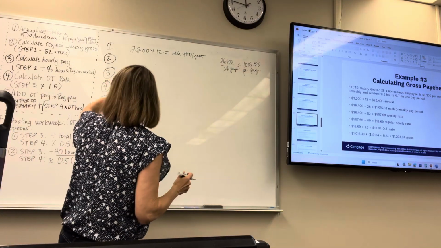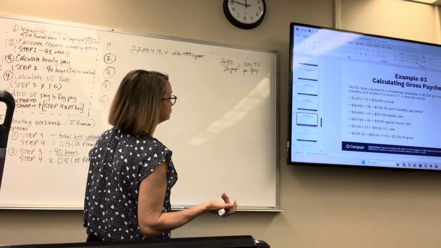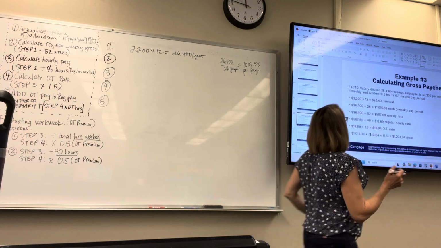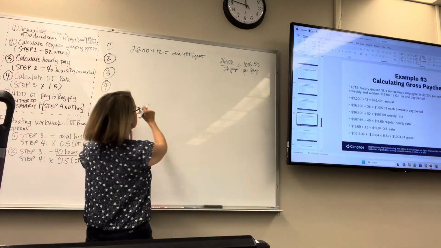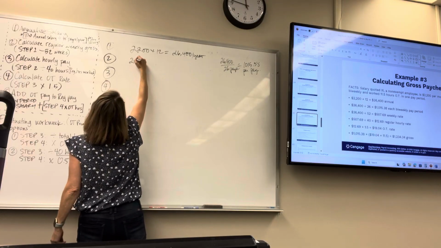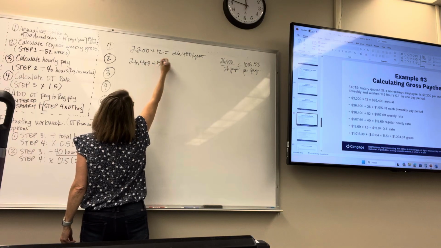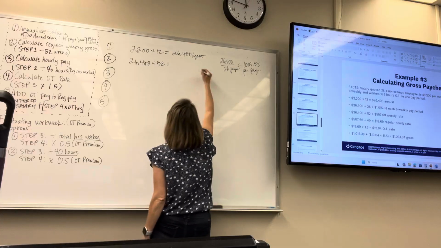So step 2, we're going to take the 26,400 divided by 52 weeks. So that part, like I said, they did it right there. I like to kind of put it to the side because it's not part of the original 5-step plan here. So 26,400 divided by 52 gets us 507.69.